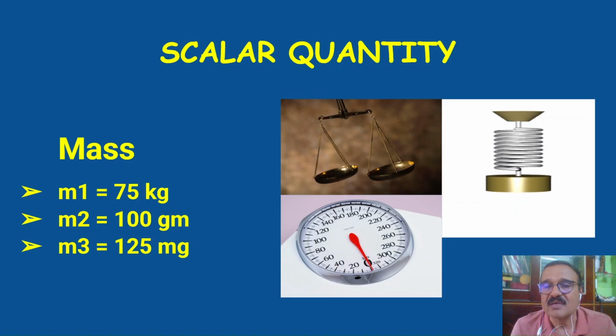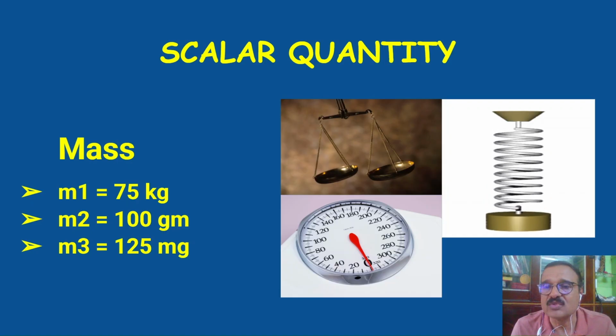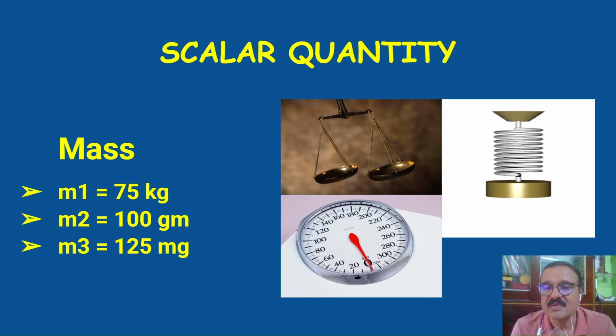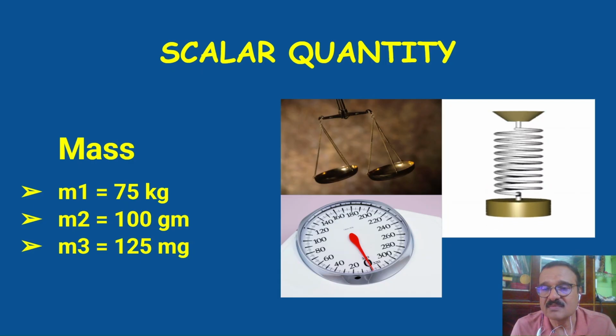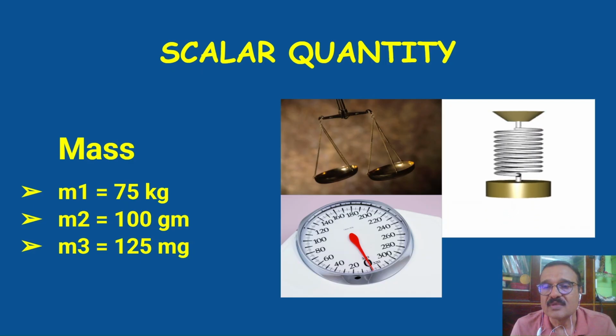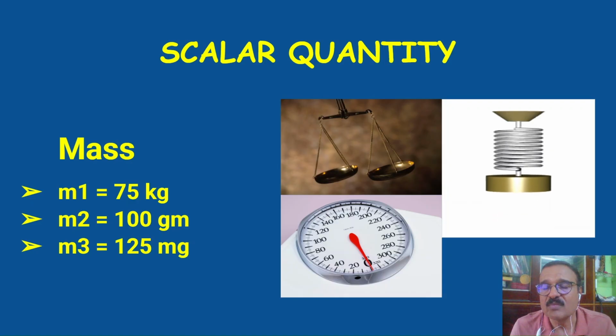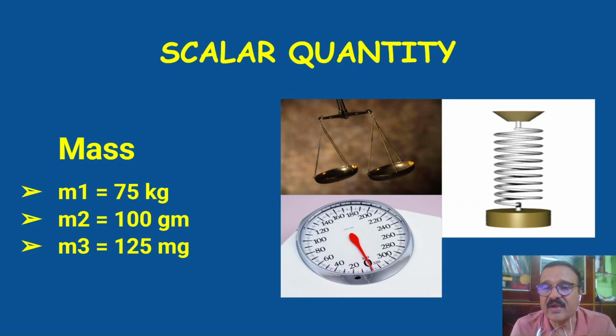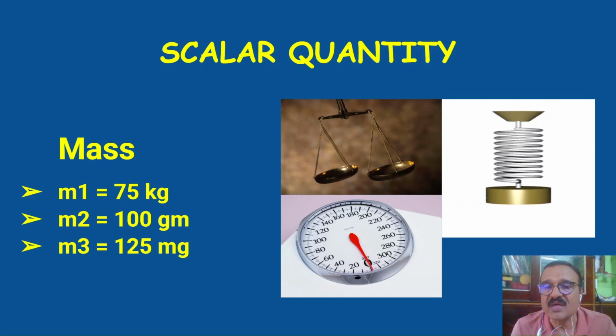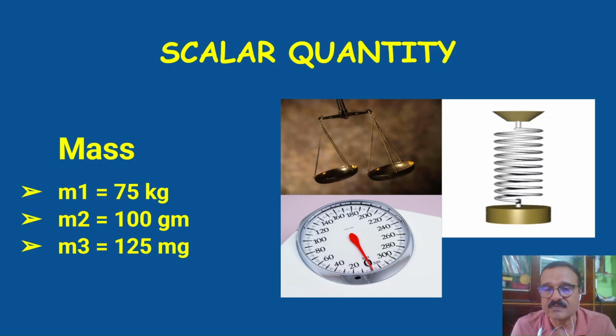Then we see a disc attached to the spring. That disc has a mass, and because of that mass, the spring is elongated when mass goes down and compressed when mass is released or comes up.